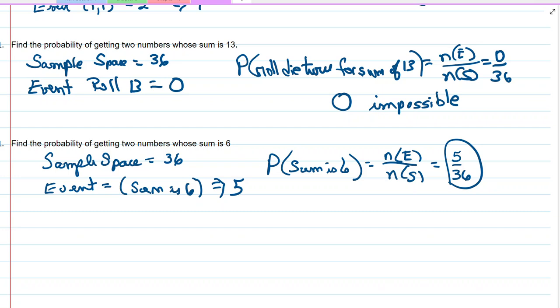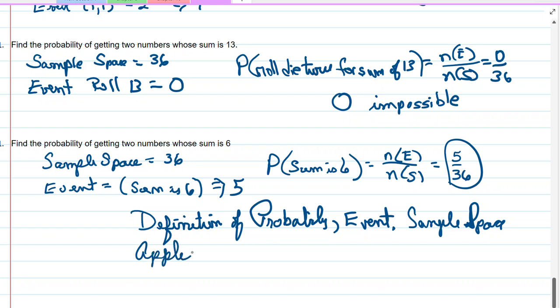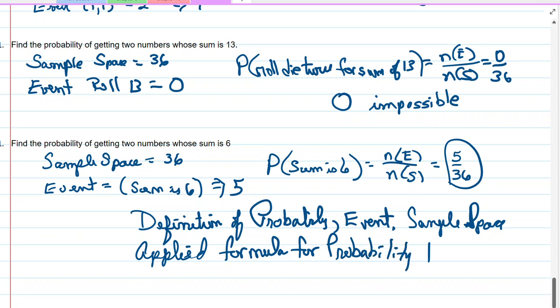Everybody good? Okay, now we've learned the definition of probability and sample space, and we've also applied the formula for probability to predict the likelihood of a desired event.